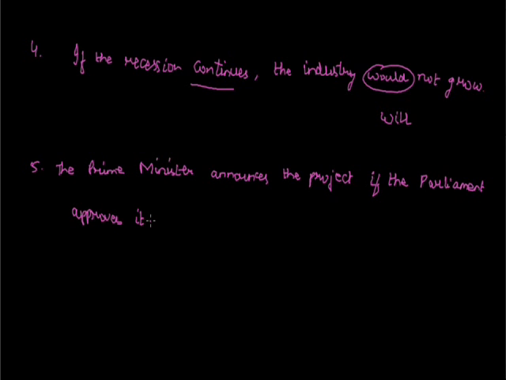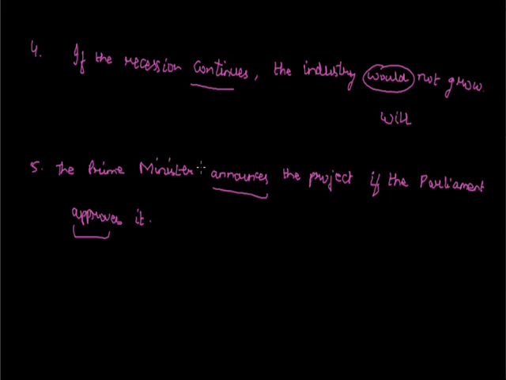So this is a complex sentence. The Prime Minister announces the project is the result clause here, and if the Parliament approves it is the conditional clause. So as we can see, in both the clauses we have simple present tense, that is first form of verb. Here announces is the first form of verb, and in the second clause, the if clause, we have approves, the first form of verb.